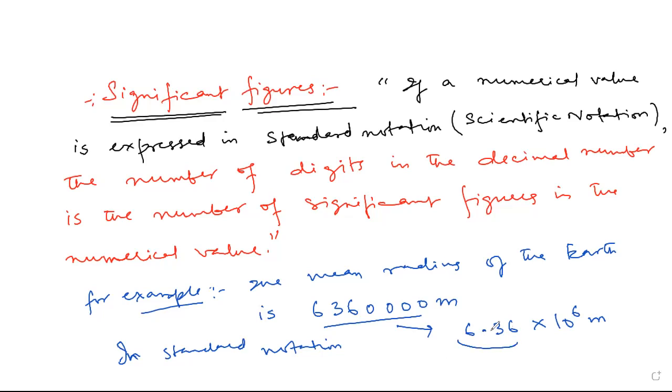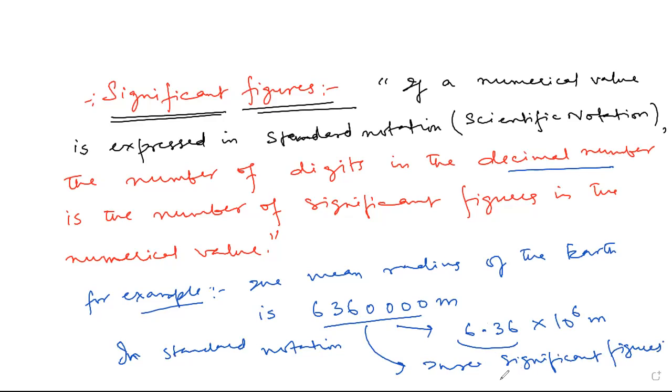Now this is my decimal number. The number of digits in this is 3. So it has 3 significant figures, right?